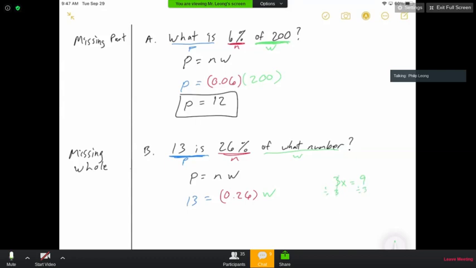If I had 12 equals 2y, I divide by 2 on both sides to get rid of the 2. Same thing here. I want the W by itself, so I'm going to divide by 0.26 on both sides. And I'm left with W is equal to, so in your calculator, do 13 divided by 0.26.